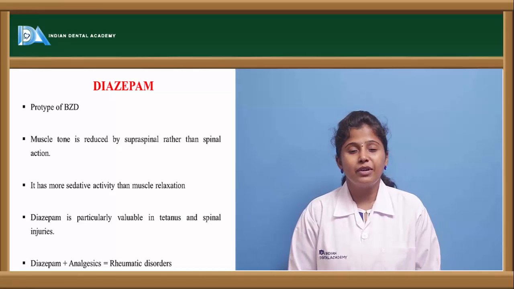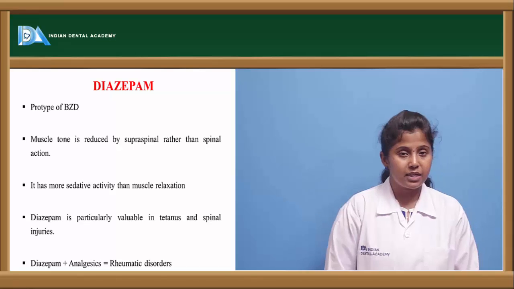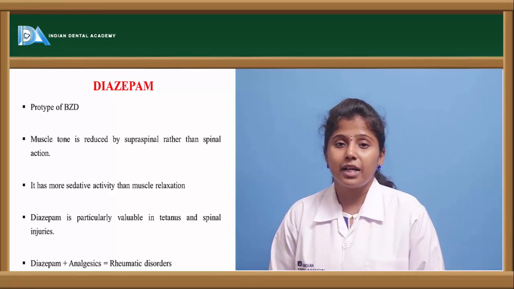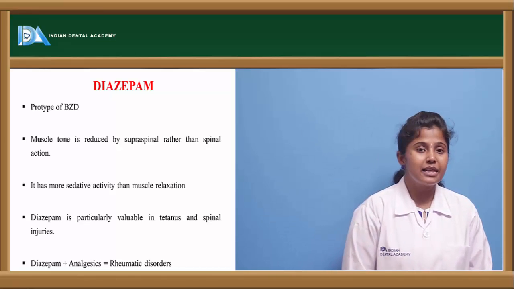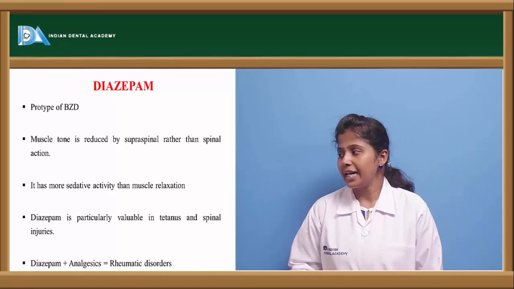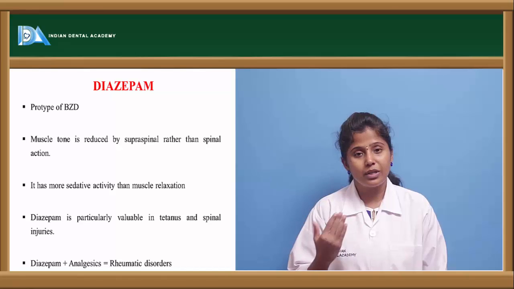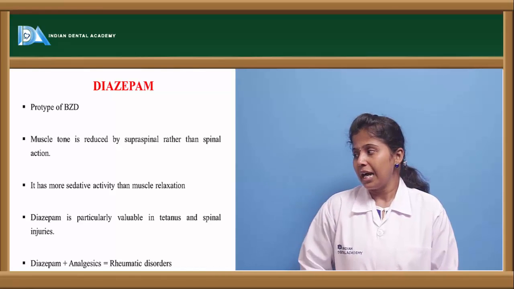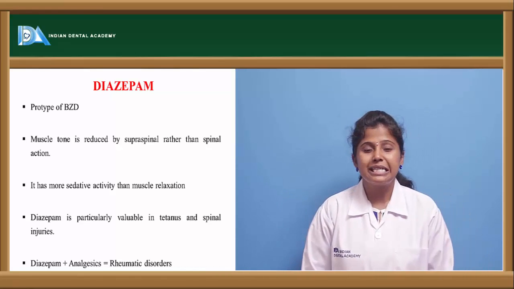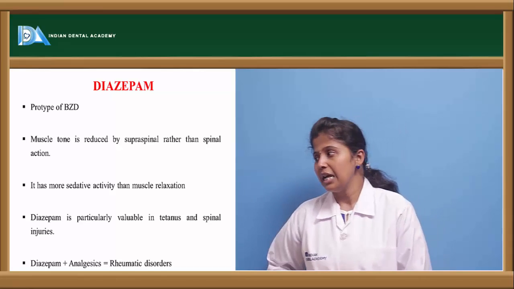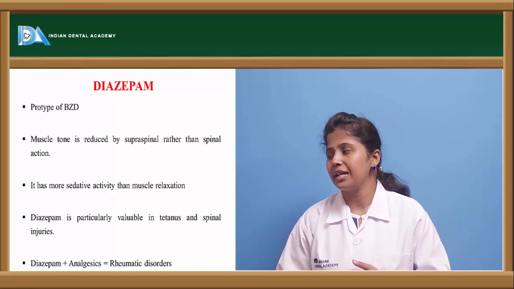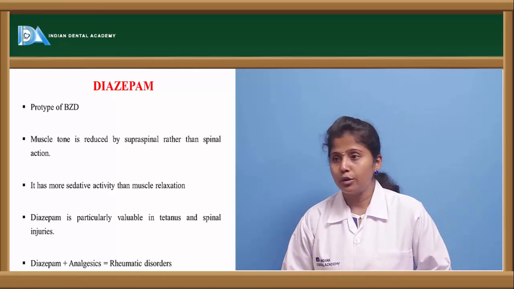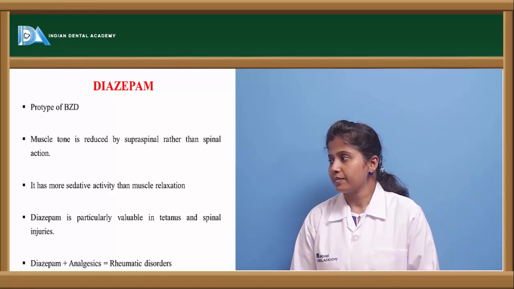So if we give diazepam, it exerts its actions by binding to the GABA receptors, and it shows the better action by supraspinal than the spinal action, and it has the sedative effect along with the muscle relaxation effect. This diazepam is used in tetanus and spinal injuries, and it should not be mixed with the analgesics because it may lead to rheumatoid arthritis.